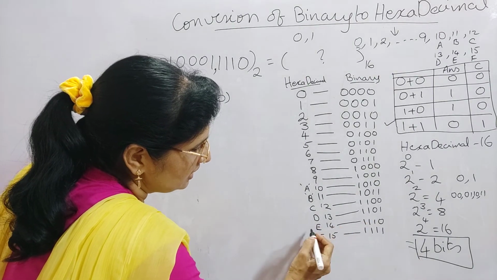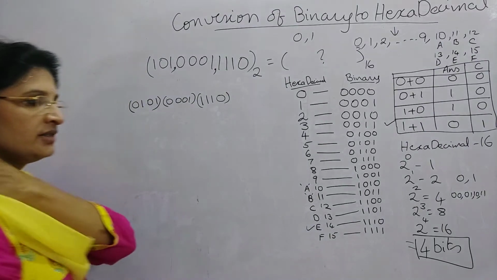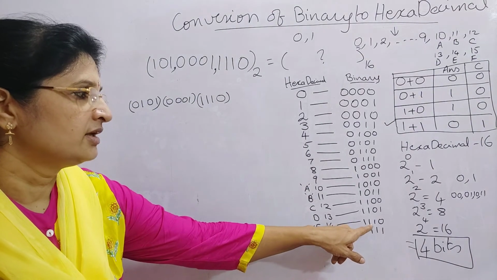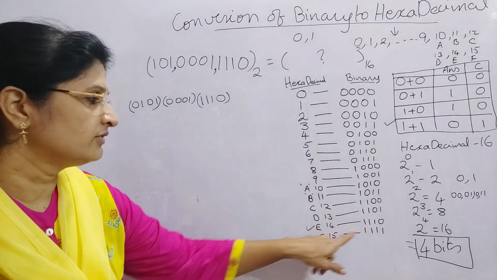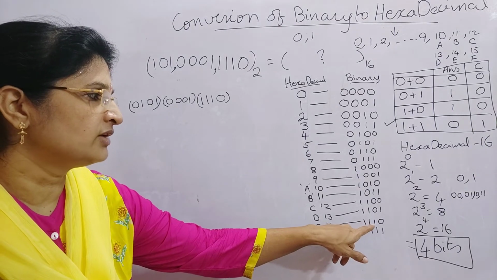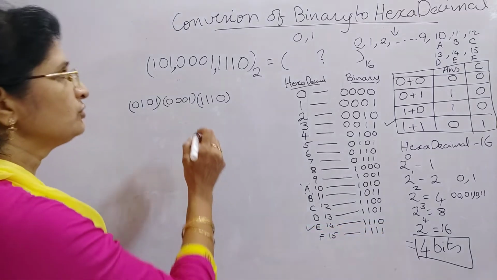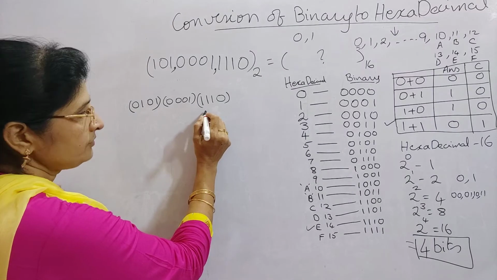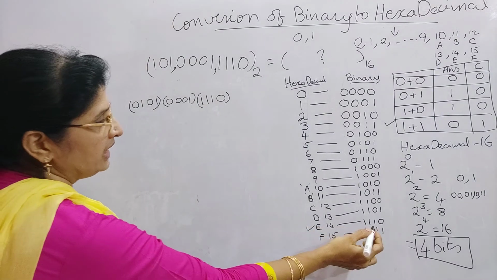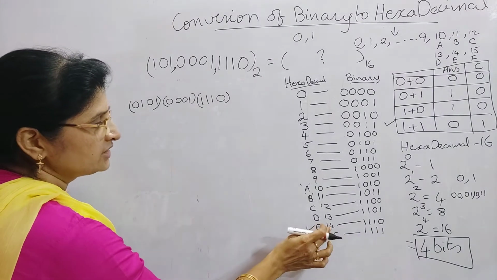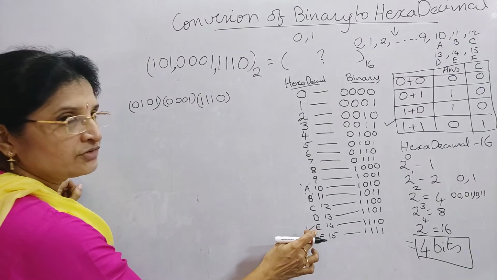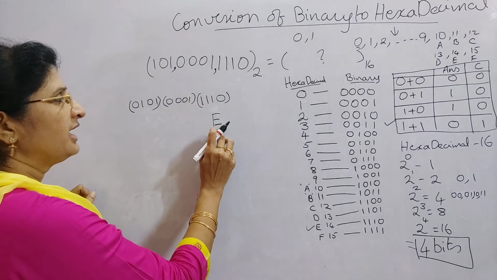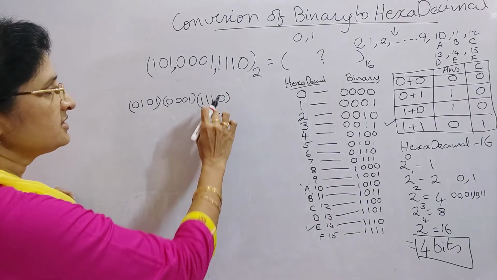So if you see here, the value of E is 1110. It is 14 in decimal, but in representation what you have to give? You have to give E. So the equivalent hexadecimal digit is E.